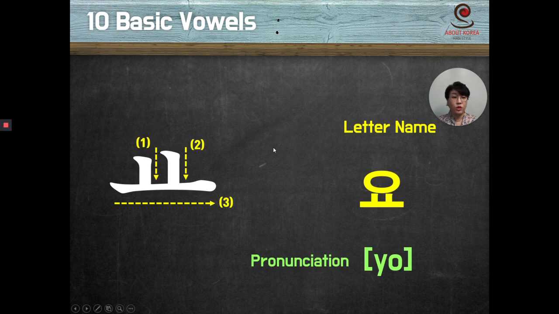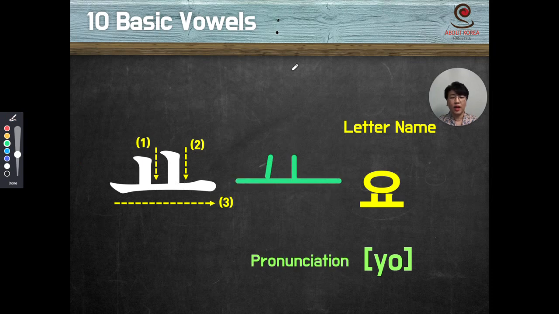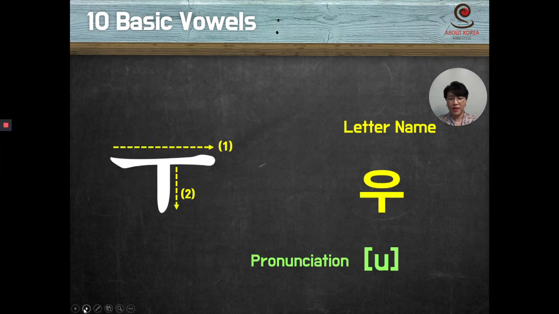And next, this vowel is yo. Let's try to write it, 1, 2, and 3. The vowel pronunciation is yo. Repeat after me. Yo. That's good. Next vowel is u.